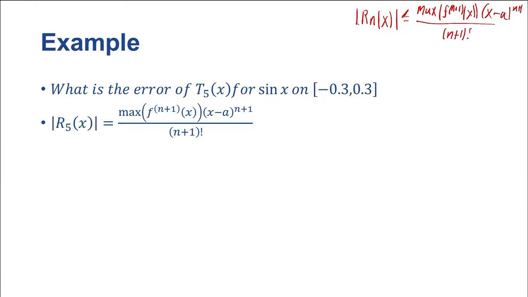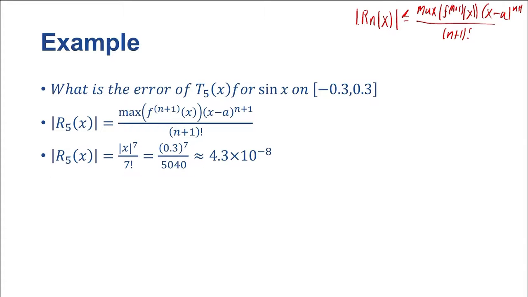So the remainder for the fifth is going to be equal to the maximum of the n plus 1 derivative times x minus a to the n plus 1 over n plus 1 factorial. Of course, a is 0, we're centering our polynomial at 0. And n plus 1 is going to need to be 7 because 6 would give 0. From here, we can get a nice formula.